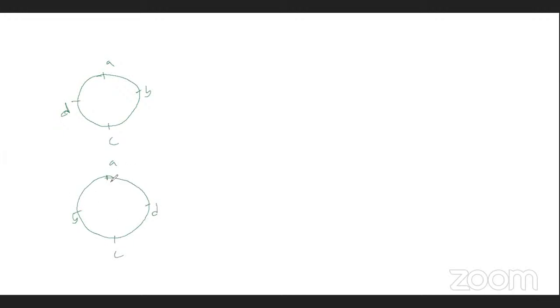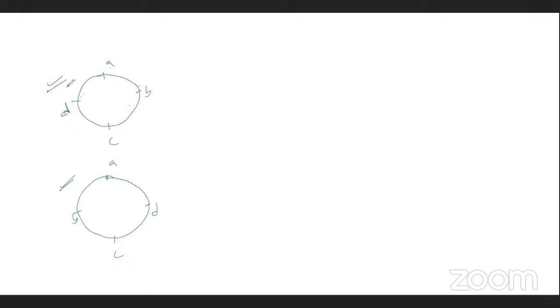So I consider this as a different circular arrangement from this, because here the neighbors differ. Here the right neighbor is B, here the right neighbor is D. But if you can see from both the sides, these two appear to be the same.